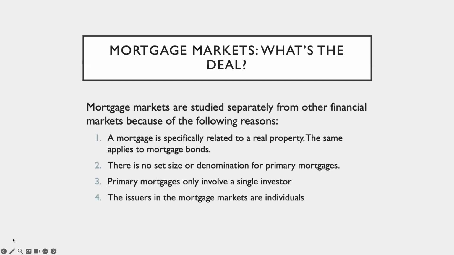So, unlike with other markets in the financial system, the mortgage market is predominantly transacted by individuals. So therefore, the information available on these issuers or these loan applicants are less extensive and unaudited.